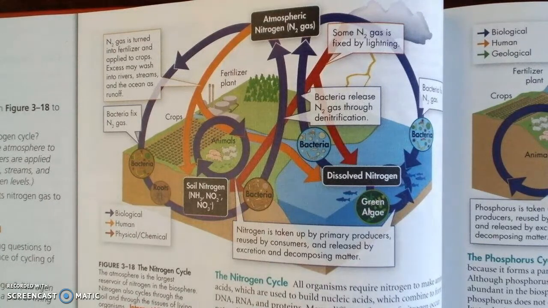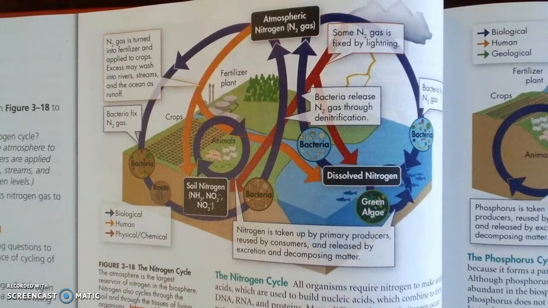In this class we're going to focus on the nitrogen cycle, which you probably haven't heard much about. So nitrogen is a really important element for life, primarily because it's an element that's present in something called an amino acid. Amino acids are the building blocks of proteins, which are essentially the structural components of your body.